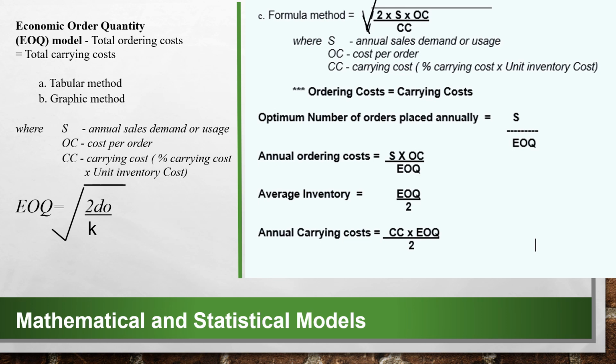Okay, so for the first decision question, how much inventory should an operation hold? The answer depends on balancing the cost associated with holding costs against the cost associated with placing an order.